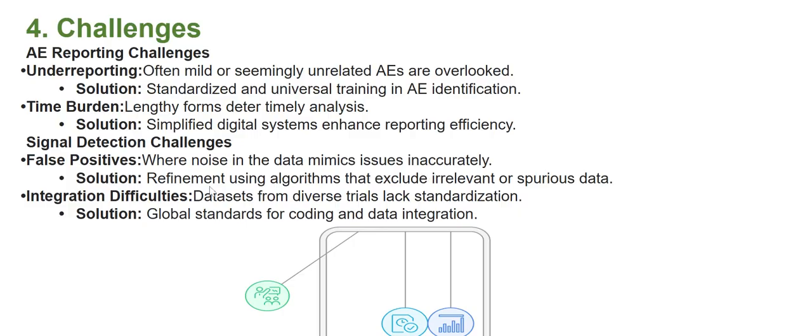Solution: refinement, using algorithms that exclude irrelevant or spurious data. Integration difficulties: data sets from diverse trials lack standardization. The resolution is global standards for coding and data integration. Here is a summarized diagram on improved AE reporting efficiency, as we have standardized training, timeline analysis, and accurate data.